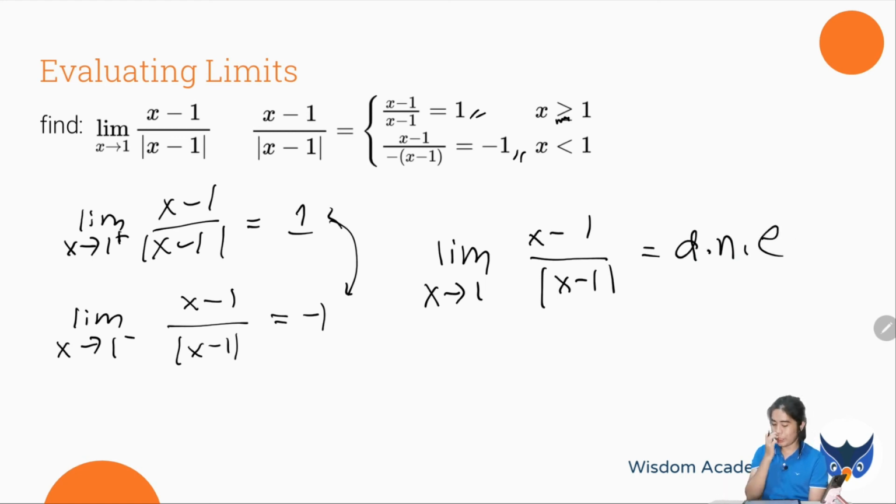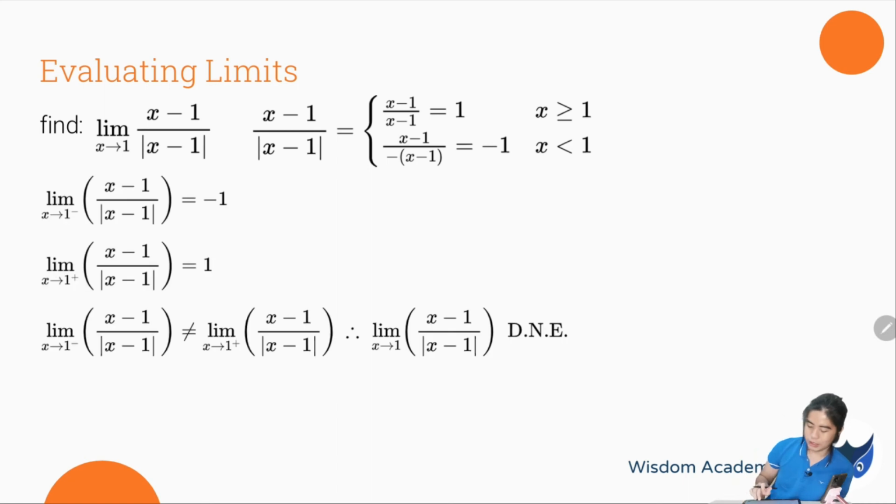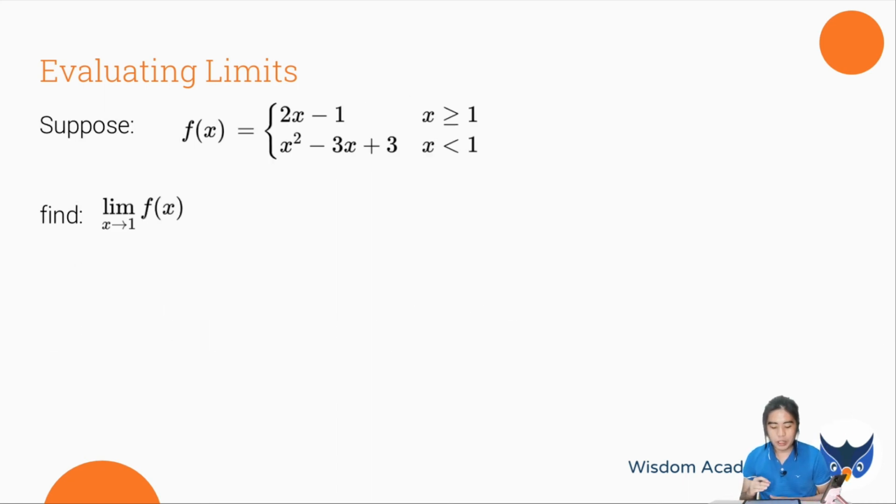Ayan. So, in this case, nakapag-show tayo ng isang function na 0 over 0, pero yung resulting value niya is does not exist. Okay. So, now we will have another example, a piecewise function where we will find its limit naman. Since 1 is its endpoint and we are finding its limit as x approaches 1, we must find its one-sided limits first.